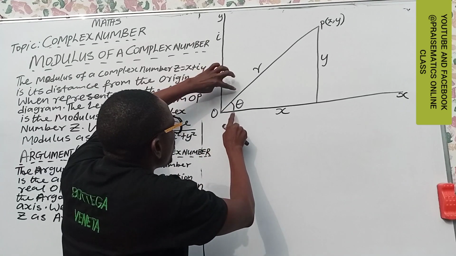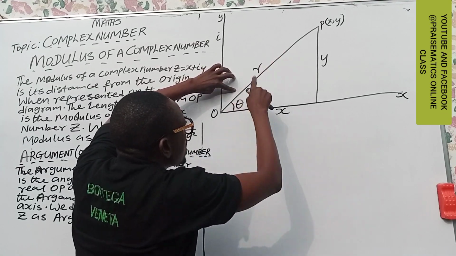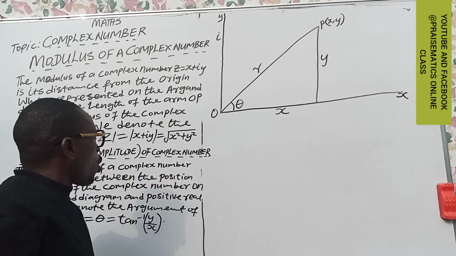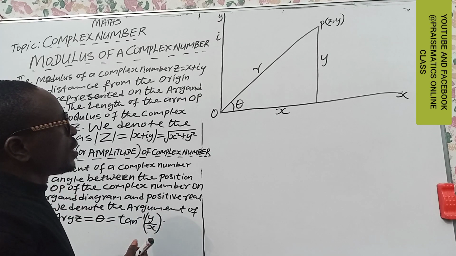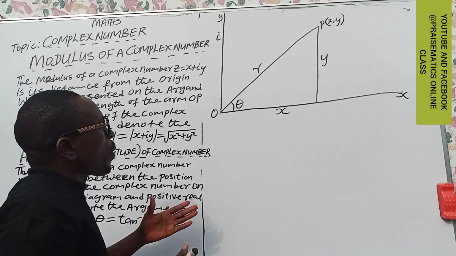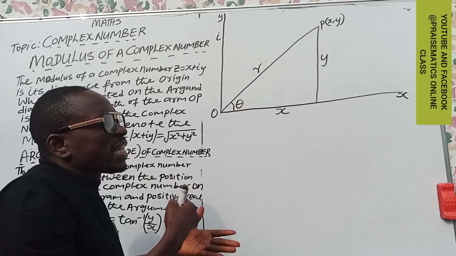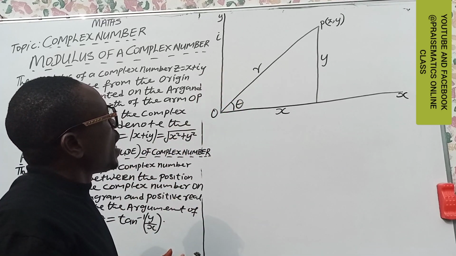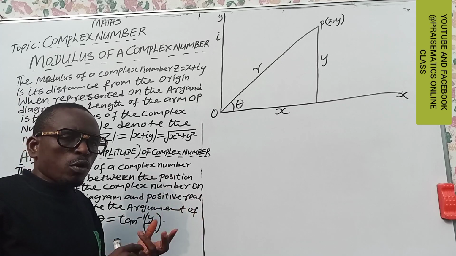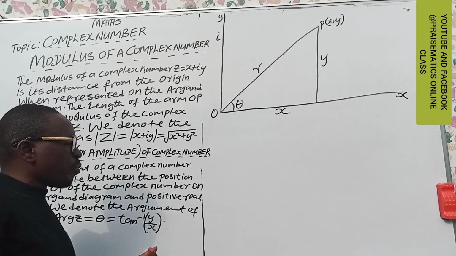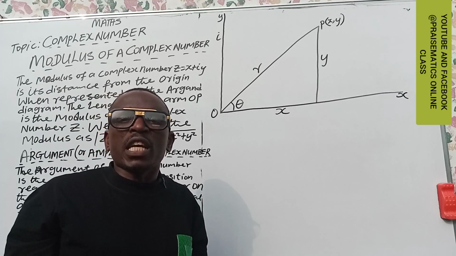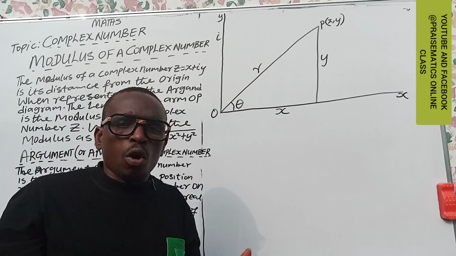But the angle made between this place and this place, which is here, is called the amplitude, or you call it the argument. But now we are going to derive them from this place. Let's derive the formulas: how to generate the formula for modulus, the formula for argument, and the formula for what we call the polar form of a complex number, or the trigonometric form of a complex number.